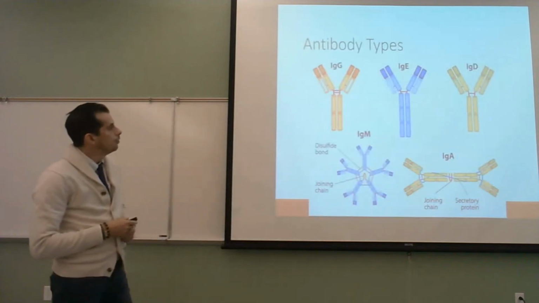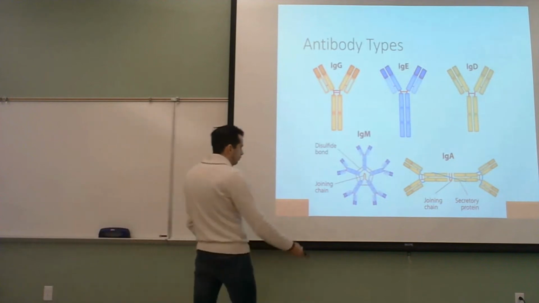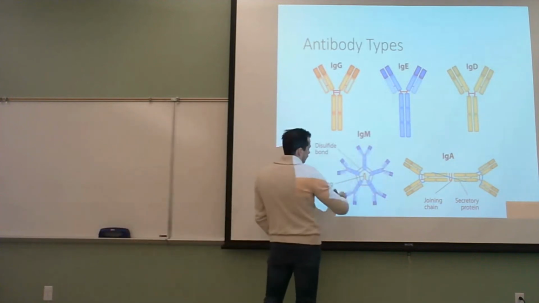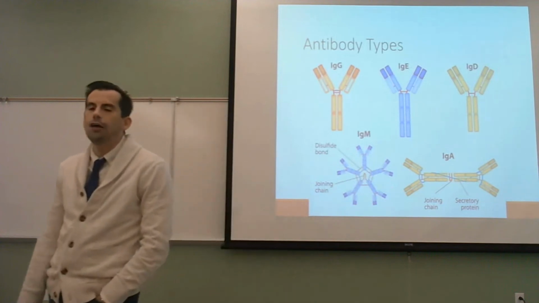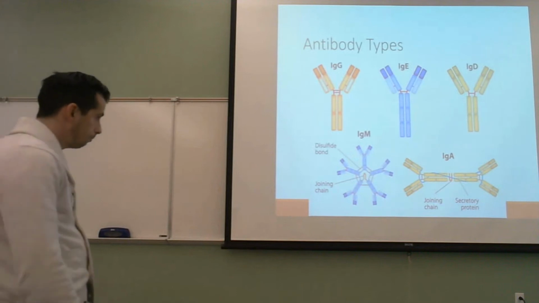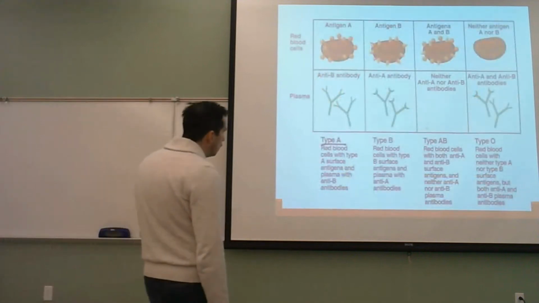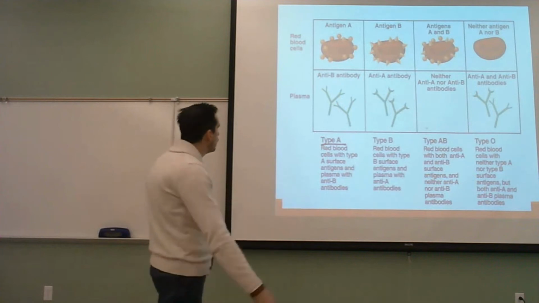Now, in this case, we're talking about IgM antibodies. Rather complex structure. Always on the lookout for the antigens that they're meant to bind to. You always produce the antibodies for the antigens that you're lacking.